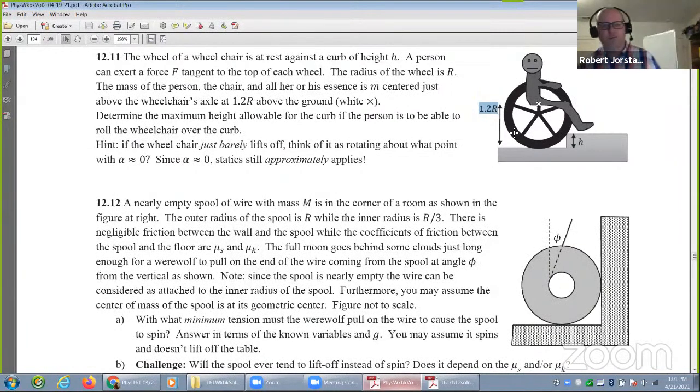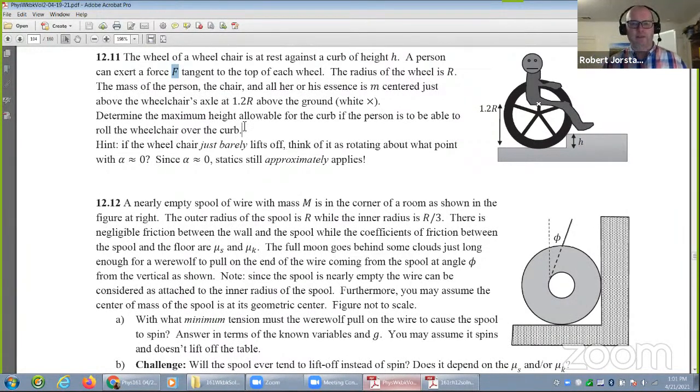Okay, so we want to determine the maximum height h. So we're trying to figure out h if the person can get over the curb. So we're going to make an assumption about how much force they have and then see, okay, what's the tallest curb I could create for a given amount of force? This could help a civil engineer design a curb or a step.